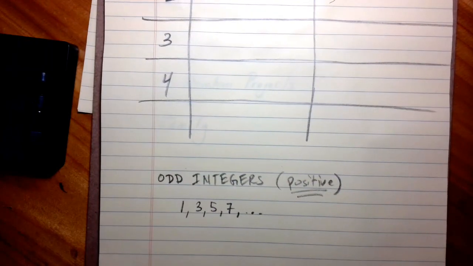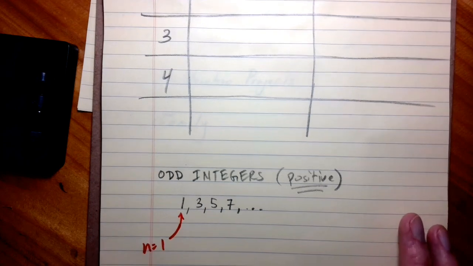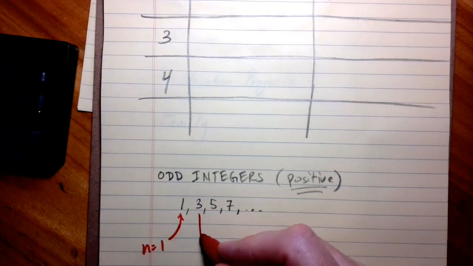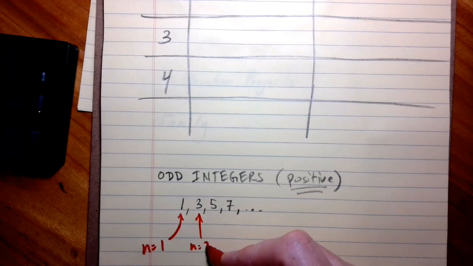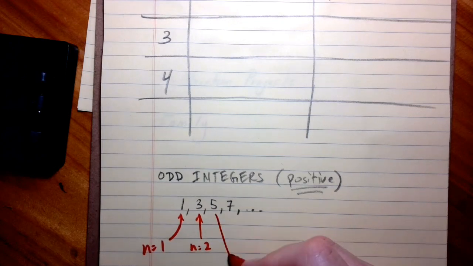If n is 1, that means that's like the first step. When n is 2, we get our second step.